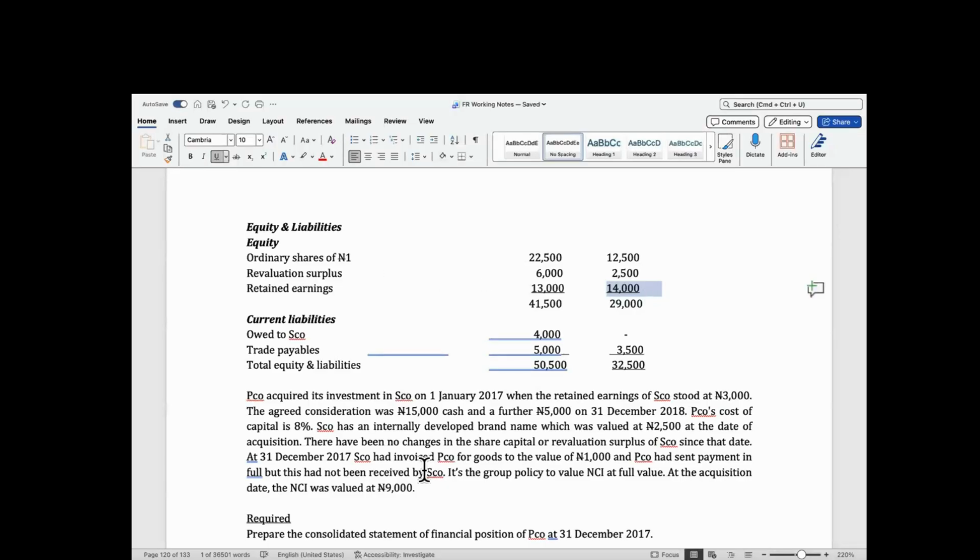So at the end of the year, ESCO had invoiced PICO for some goods at 1,000 and had sent in payment in full, but this has not been received by ESCO. So that means there's cash in transit.